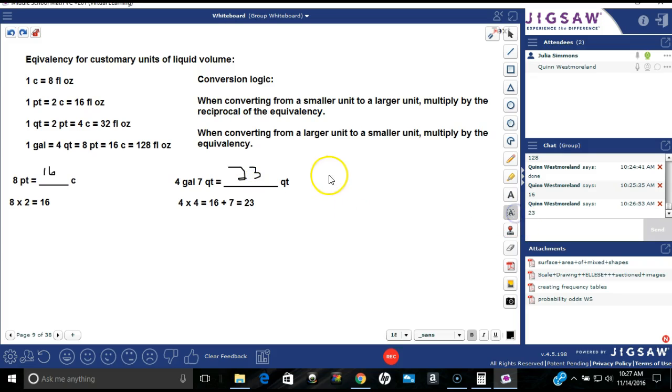How about converting 20 quarts to gallons? So now I want to convert 20 quarts to gallons. What would that be?